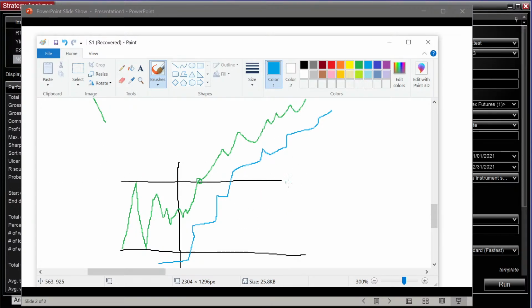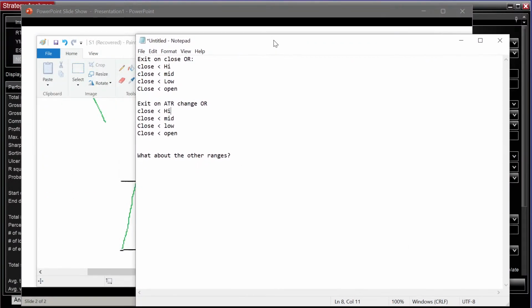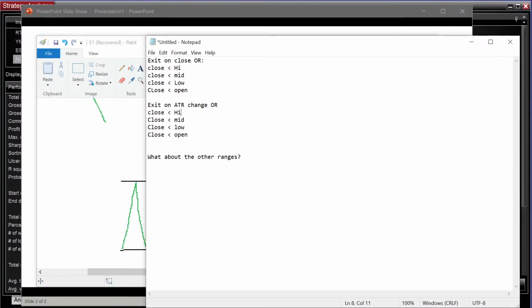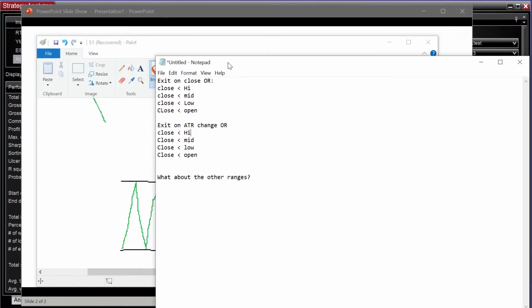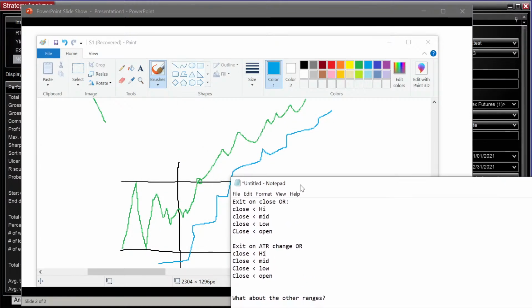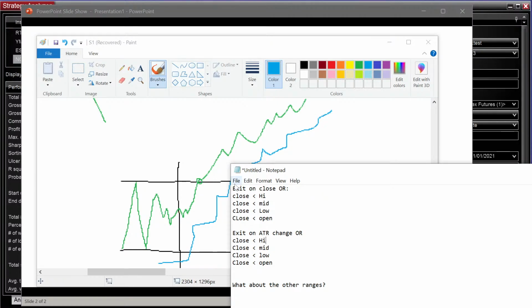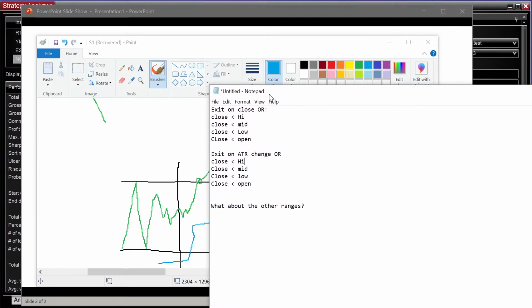So we ran this initial test, and then we ran some more tests. We ran very slight variations that I did here on a different session. The trigger was the same. Trigger is not changing. These are changes to our exit.